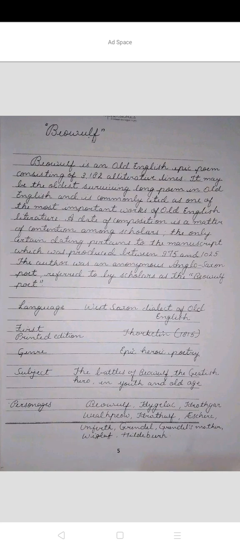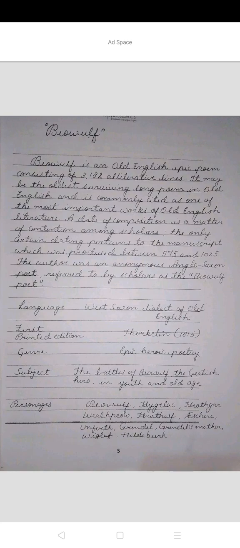The date of composition is a matter of contention among scholars. The only certain dating pertains to the manuscript, which was produced between 975 and 1025. The author was anonymous, an Anglo-Saxon poet referred to by scholars as the Beowulf poet.